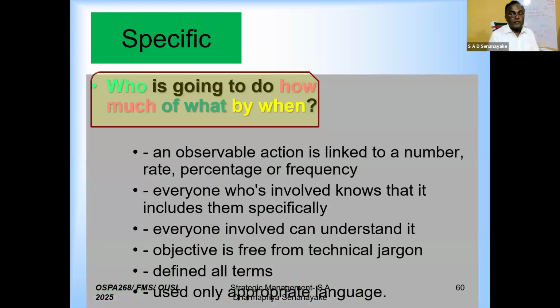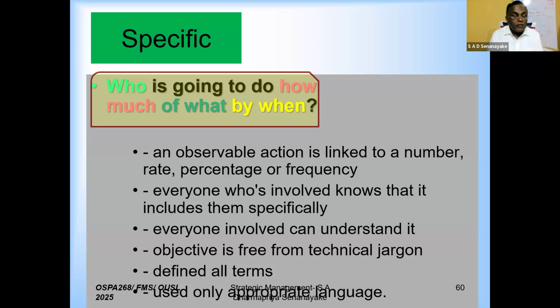Specific. If it is just qualitative in nature, then you'll find it difficult to measure. Specific nature: who is going to do how much of what by when? When it is specific, people will not have ambiguities.